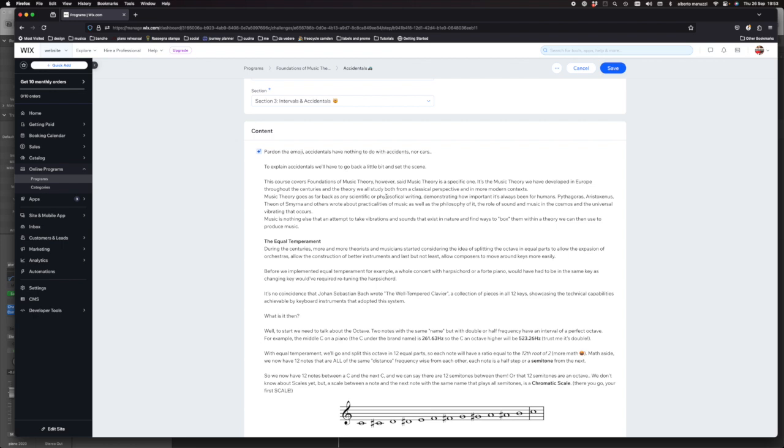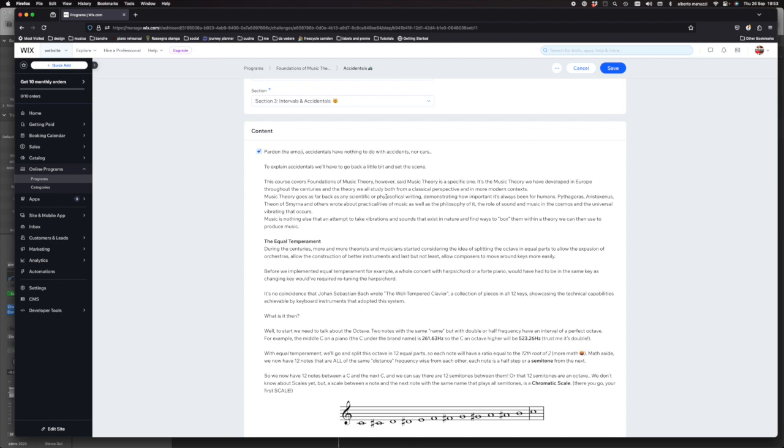So, now, at some point in our history, we decided to adopt a system called the equal temperament. Now, we have talked about octaves earlier, right? So the octave is a distance between two notes with the same name, either up or down the frequency range.